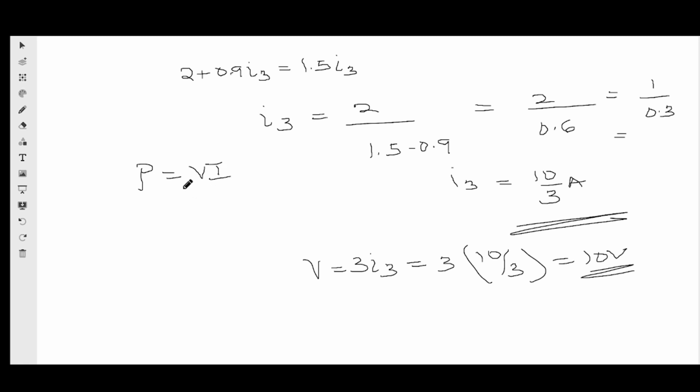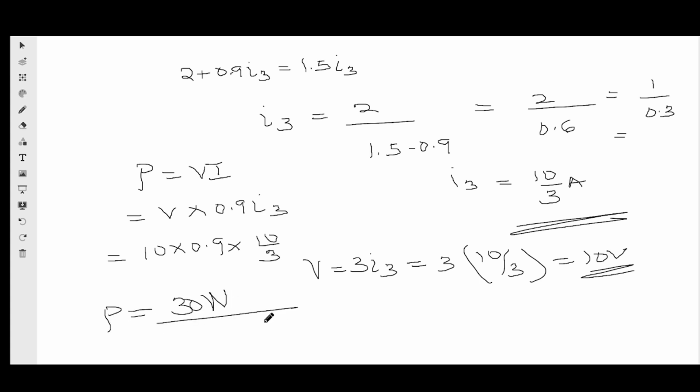Power is voltage times current, and that is very straightforward, as the current in the dependent source is 0.9 I3. So I have V multiplied by 0.9 I3, which is 10 multiplied by 0.9 multiplied by 10 over 3, and the power will be 30 watts.